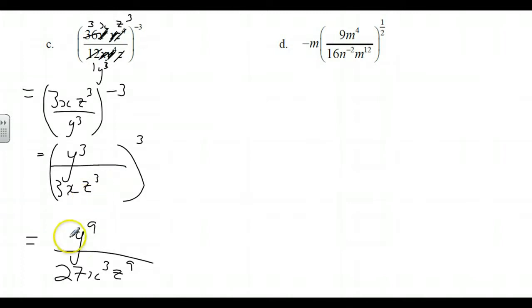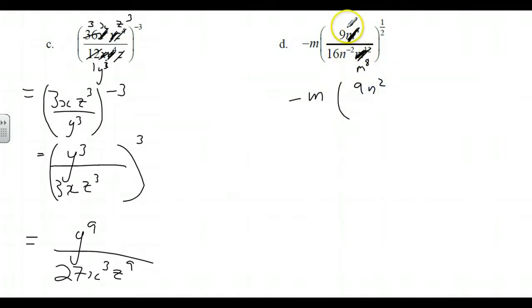Right, and I think you'll find that a lot easier than if you actually work with this, if we can simplify first. So m to the 4th, m to the 12th, will be an m to the 8th. The n to the negative 2, so we have negative m times 9n squared, right?